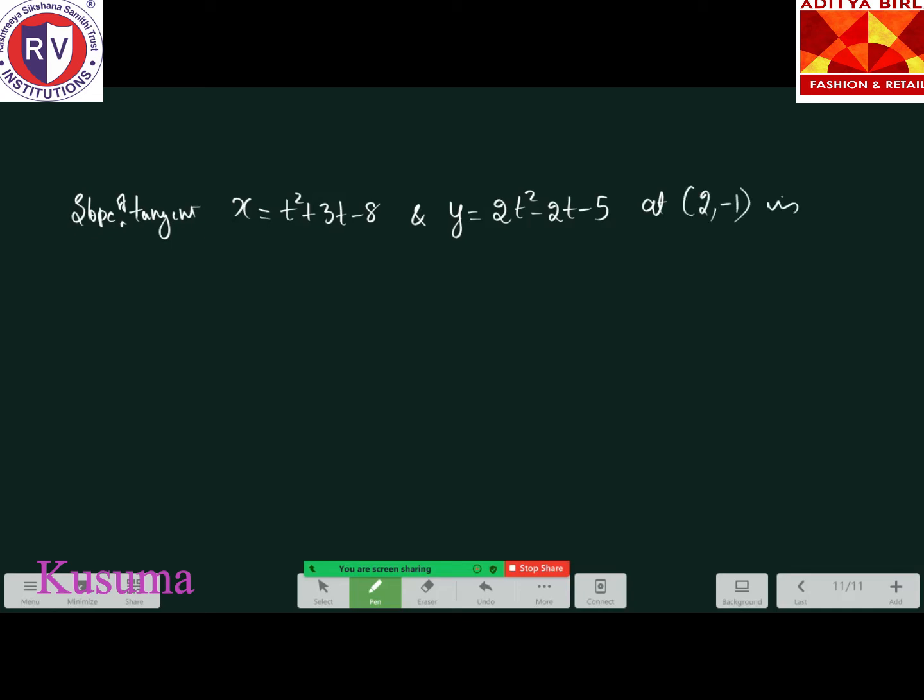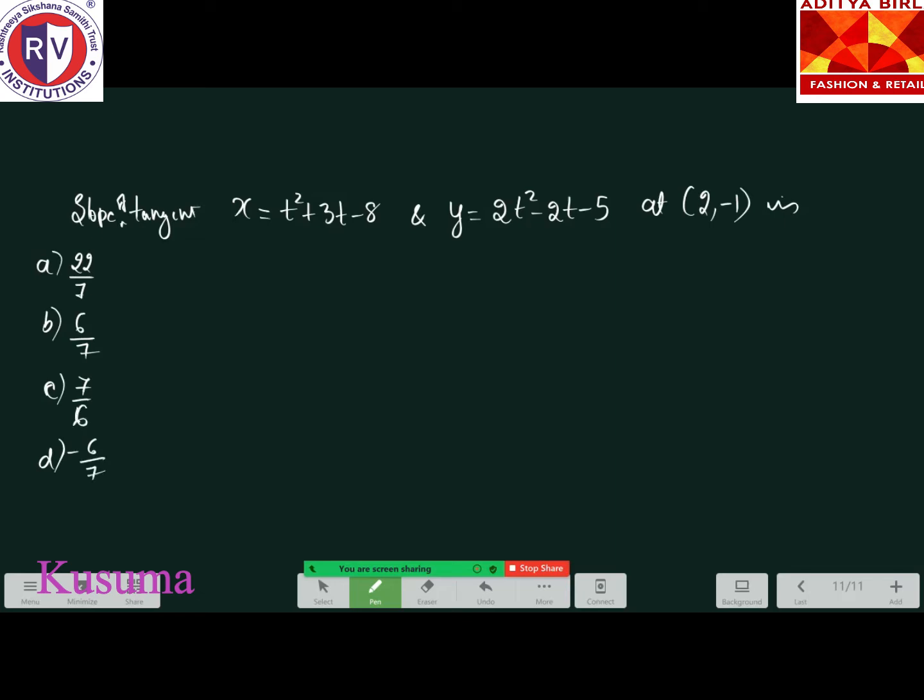Option A is 22 by 7. Option B is 6 by 7. Option C is 7 by 6. And option D is minus 6 by 7. These are the options given.